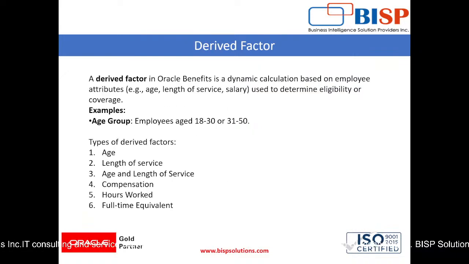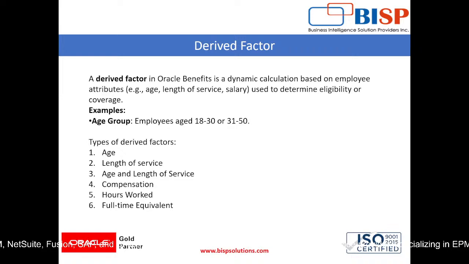And yeah, now before we create the eligibility profile, if you want any factors to be derived, so what is a derived factor? A derived factor in Oracle Benefits is a dynamic calculation based on employee attributes.